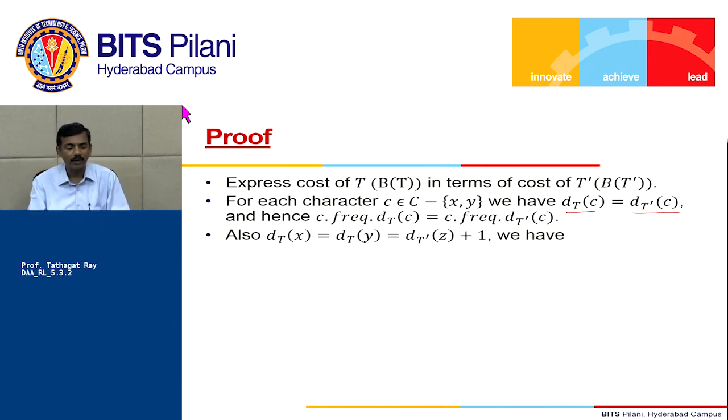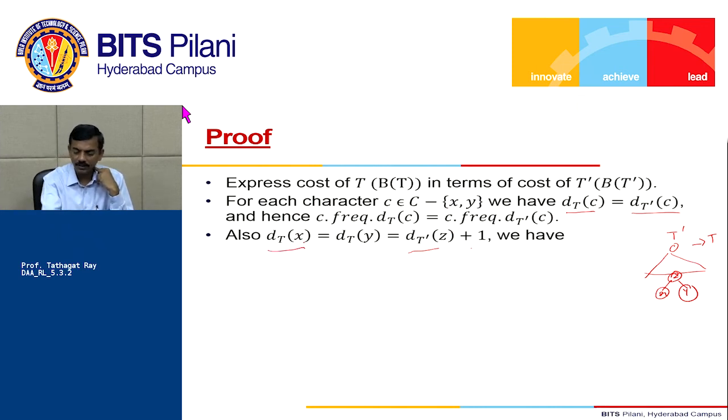So the only concern is x and y. What is the depth of x in T? It's nothing but the depth of z in T' plus 1, because in T' you started with the root and somewhere in your tree you had this character z, and what you did was just add x and y to it to get T. So what is d_T(x) in this tree T where I just added x and y?